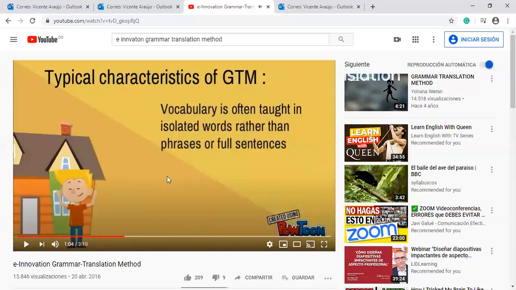Okay. How did they teach vocabulary? How can we teach vocabulary based on the grammar translation method? Vocabulary is often taught in isolated words, separated words, in lists of words. Learn this list of words rather than phrases or full sentences. You learn words in isolation.